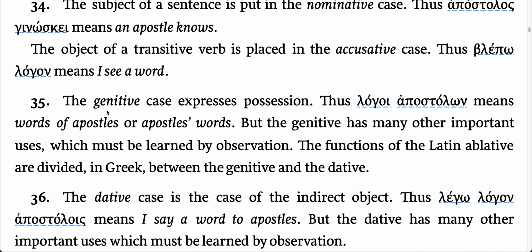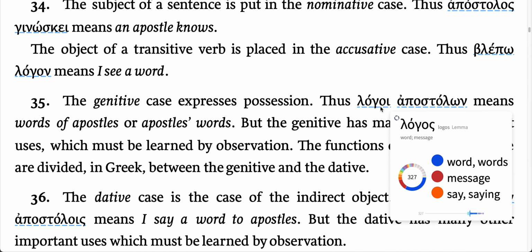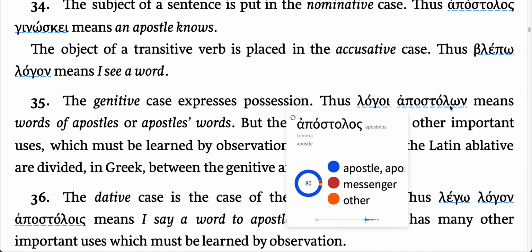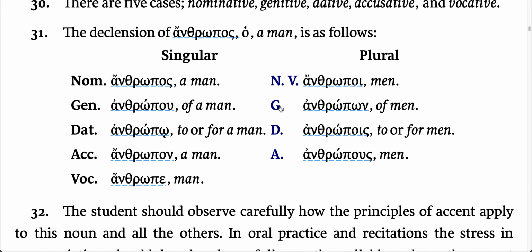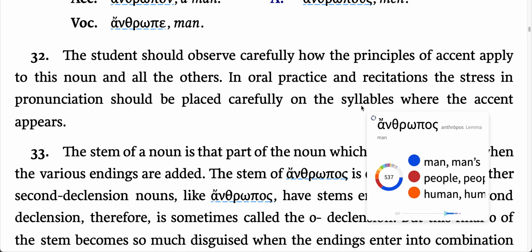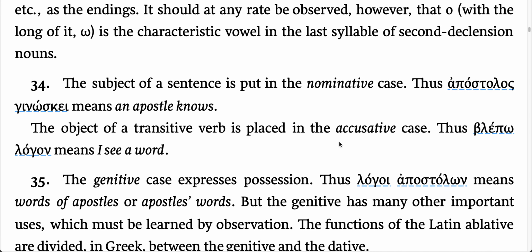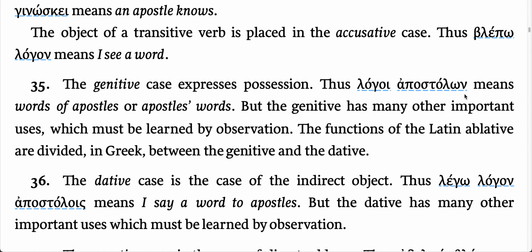We have what's called the genitive case. That expresses the idea of possession. Thus, we have logoi, which is plural, apostolon. Apostolon is genitive plural. So you would translate this by the idea of words, plural, of apostles.